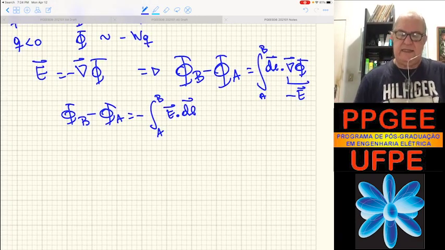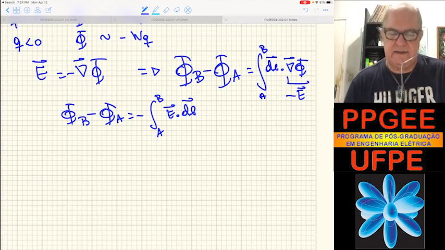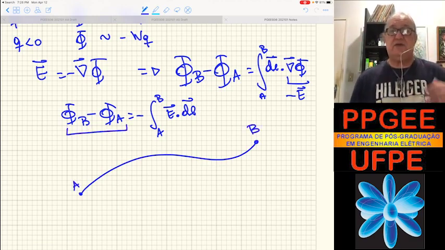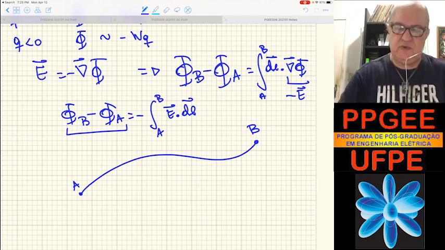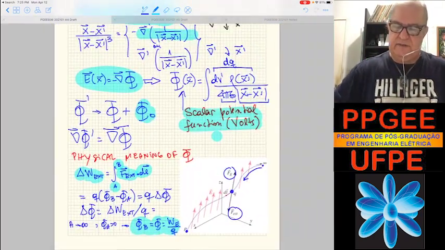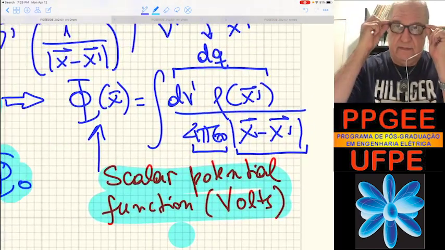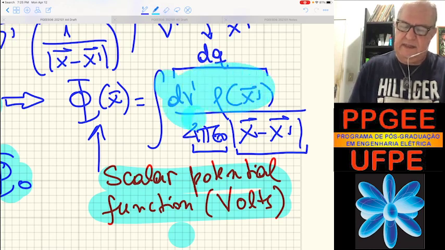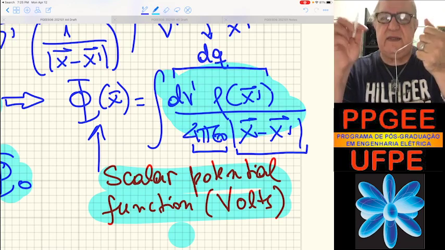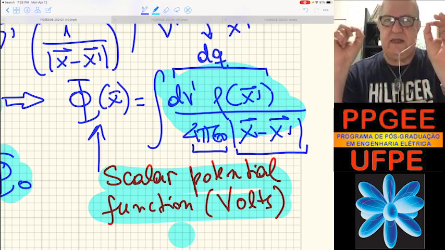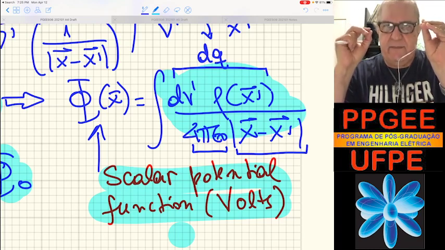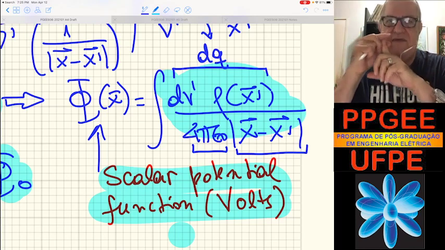Okay? But you see that this doesn't depend on the path. I can go from A to B through any path, and the result is always the same, because, as I just showed you, a potential function given a reference is unique, it is single valued. So in giving a reference to the potential, at a given point in space it has only one value.